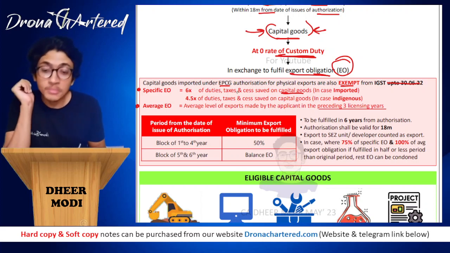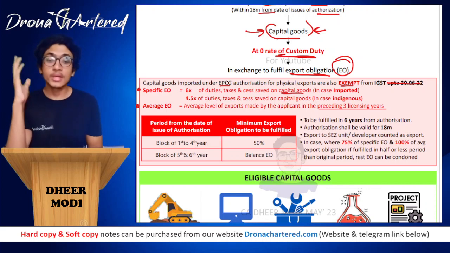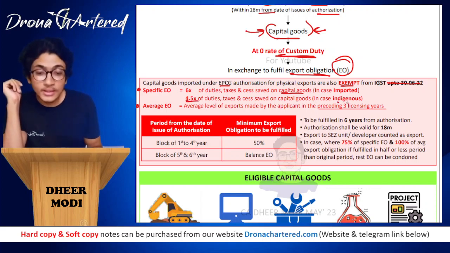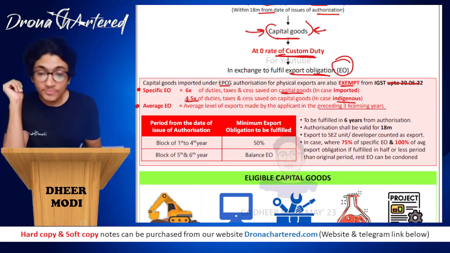So therefore 6 times the duties, taxes and cess saved on your capital goods, and 4.5 times in case your capital goods were indigenous. Average EO is the average level of exports made by the applicant in the preceding 3 licence years.